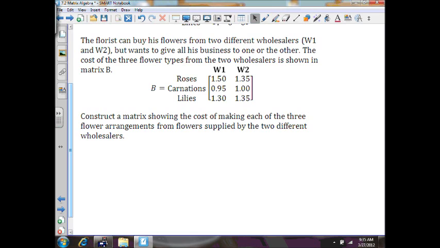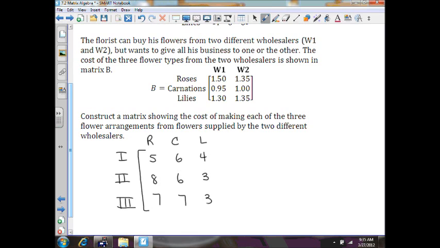So what we're going to have then, this matrix A will have the 3 different types here, the 3 different arrangements with roses, carnations, and lilies. So we'll have 5, 8, 7 going down, 6, 6, 7, and 4, 3, 3.